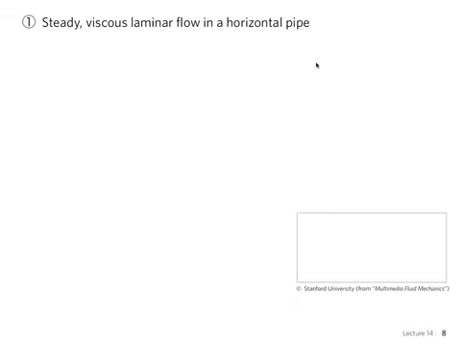The first special case we're going to discuss is steady, viscous laminar flow in a horizontal pipe. Because it is steady, the local acceleration is 0. This term dv/dt is 0. Now, the flow is horizontal, completely horizontal, okay?